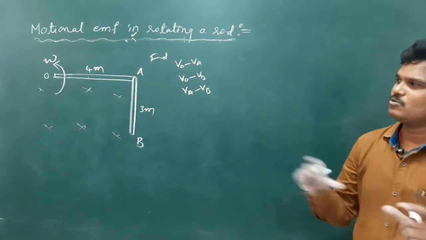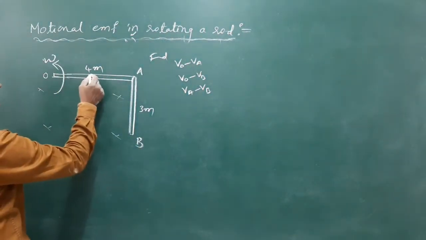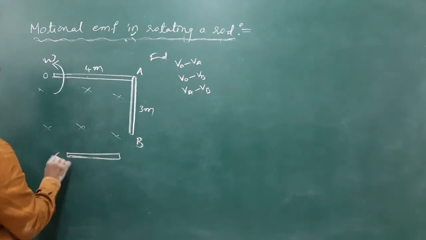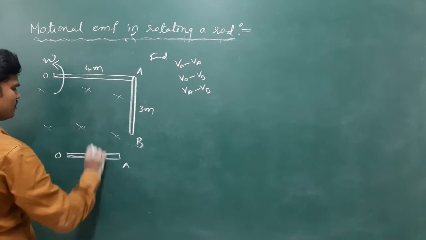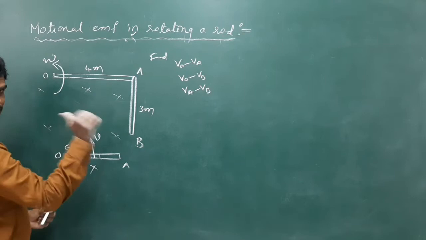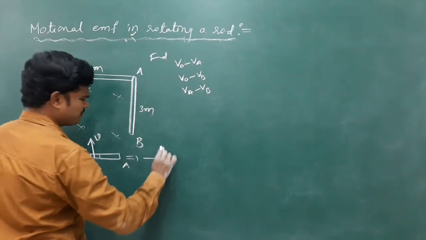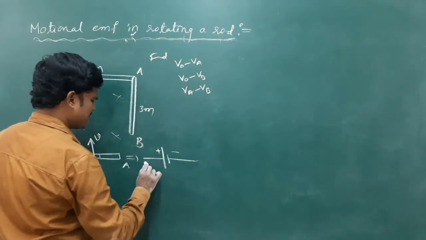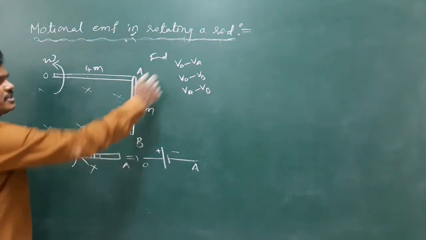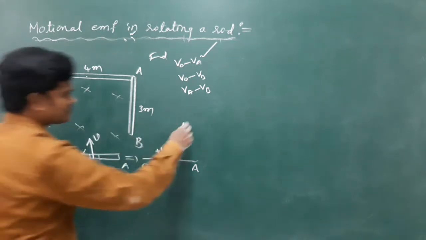Take OA outside and take a small part. It is rotating up. If I take a small part, O, A, now this part is moving up, field is into the board, V cross B, now the induced current is in which direction? Induced current is left. So this can be replaced with a battery symbol like this, plus minus, O, A. Which is at highest potential? O is at highest potential. So you will get this as a positive answer, VO minus VA. Then how much is it?